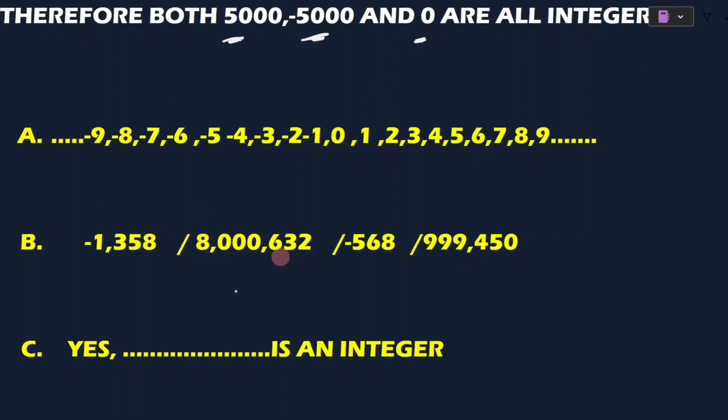This is a positive integer and is a large number, so it is still an integer. And we also have negative 568, which is still an integer, and 999,450, and they are integers as well. So all these numbers, both positive and negative, and as large as the number is, they are all integers.